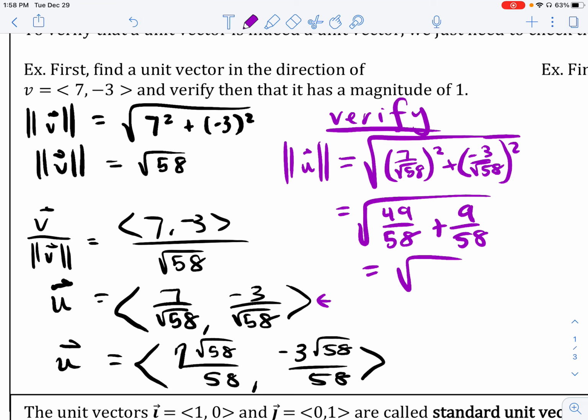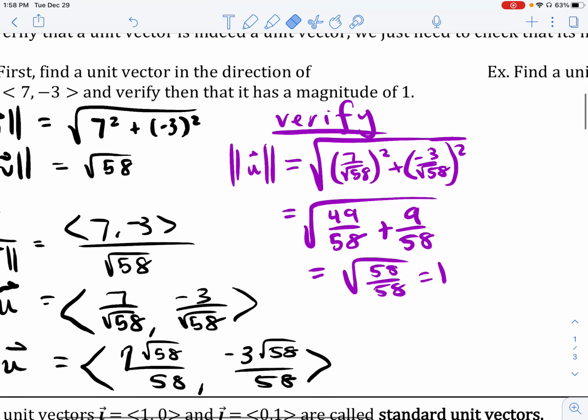And I get root 58 over 58, and that's just going to give us 1. So what I've just done is verify that this unit vector I found does indeed have a magnitude of 1. This is not something that we'd have to do all the time, but something that we at least now know how to do.